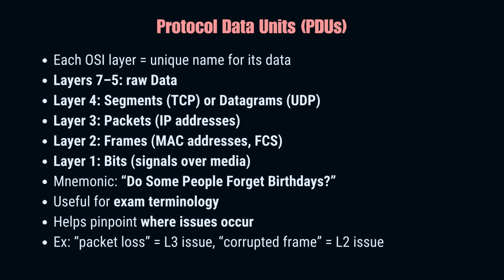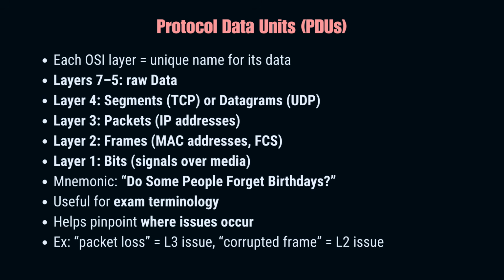Each OSI layer uses specific names for its data units, called Protocol Data Units, PDUs, which is important terminology for the CCNA exam. Layers 7 through 5, application, presentation, session, work with raw data containing no network headers yet. Layer 4, transport, creates segments for TCP or datagrams for UDP by adding transport headers with port numbers identifying applications.